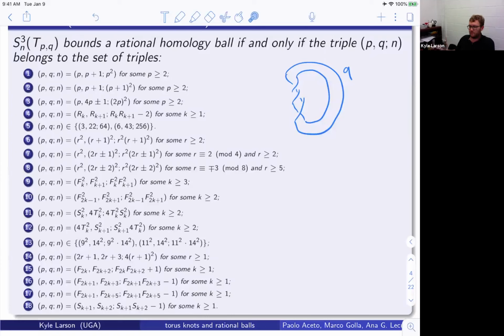Some of these were known to already embed in CP2 from the singularity perspective. So in fact, this family does in 10, 18, 5, and some of 3. So all these surgeries actually appear in this context.